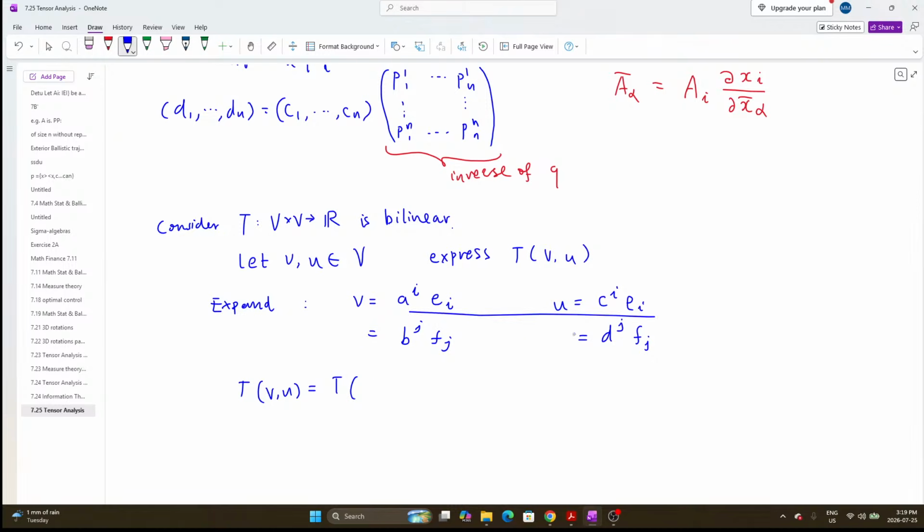in the basis E, okay? Then you get A I, E I, and C I, E I. That's not good. Let's use C. Huh. That's confusing. I'm not a great index chooser.